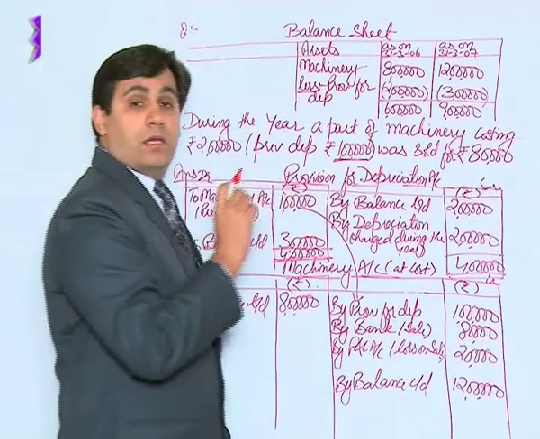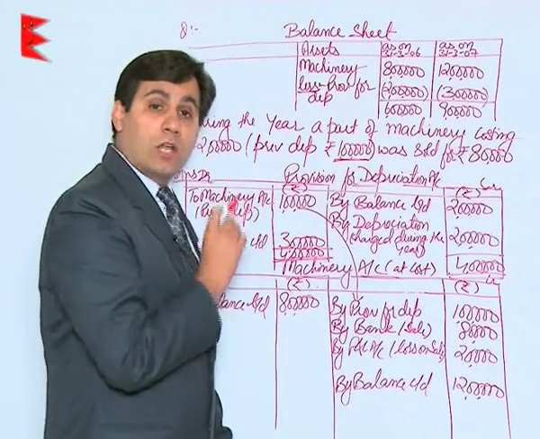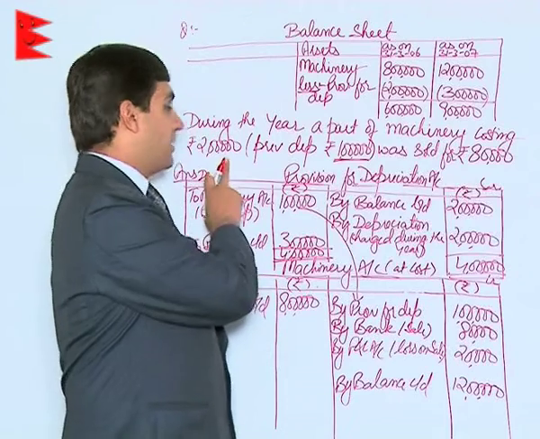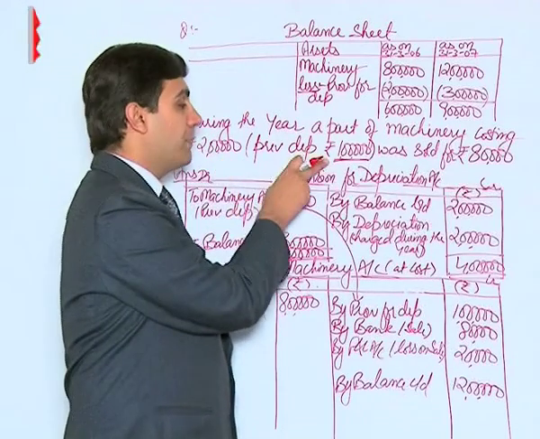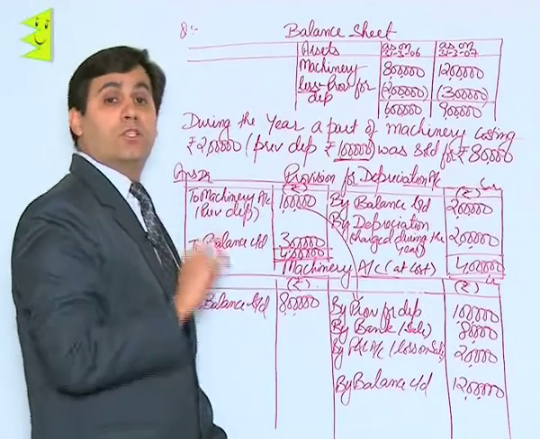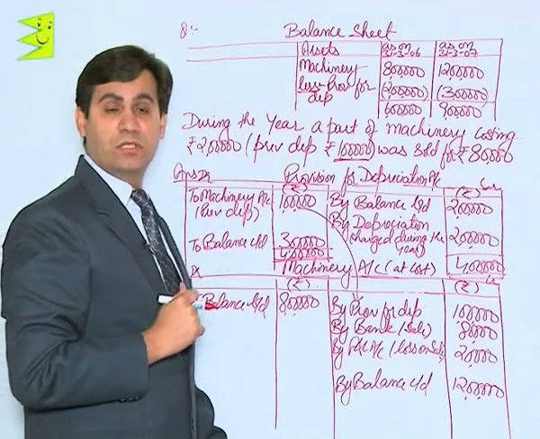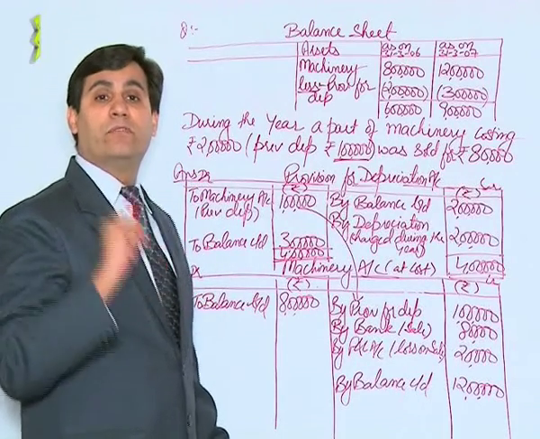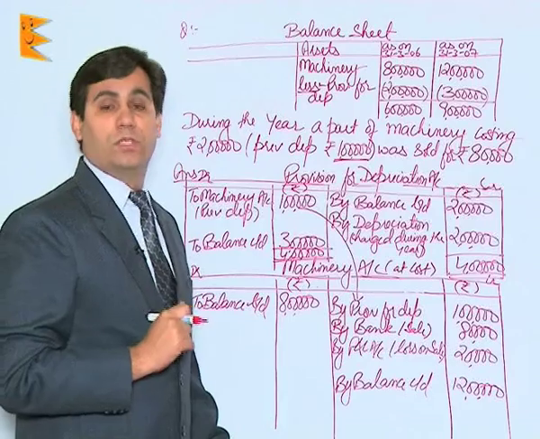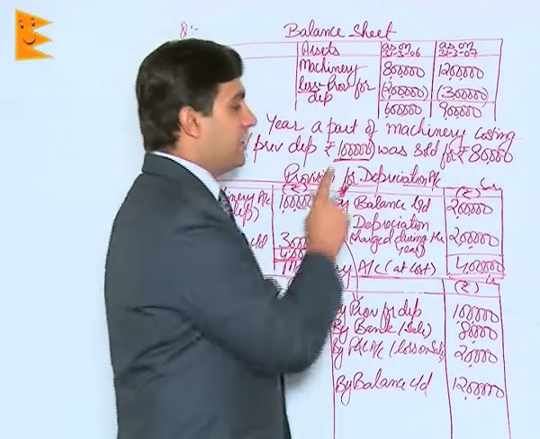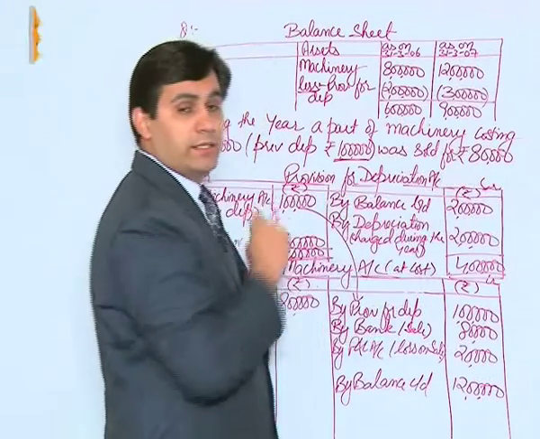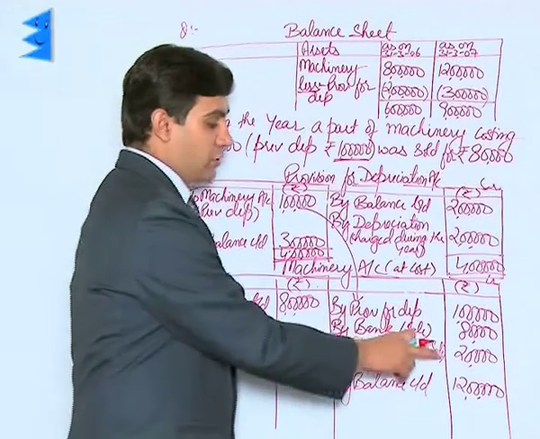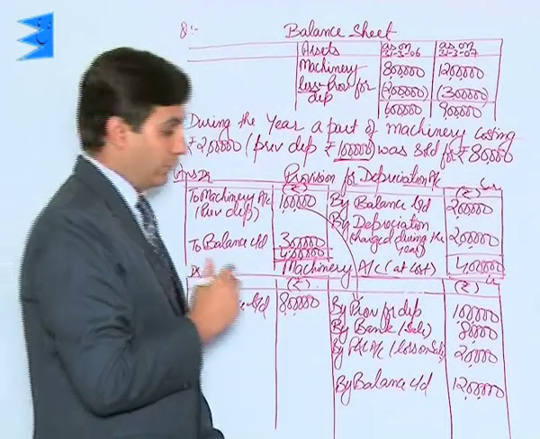Again, let us understand how this loss has been calculated. This is the cost 2 lakh minus previous depreciation 1 lakh. So cost minus previous depreciation gives us an amount of 1 lakh, which represents book value. Now this asset of rupees 1 lakh was sold off for rupees 80,000. So there is a loss of rupees 20,000.